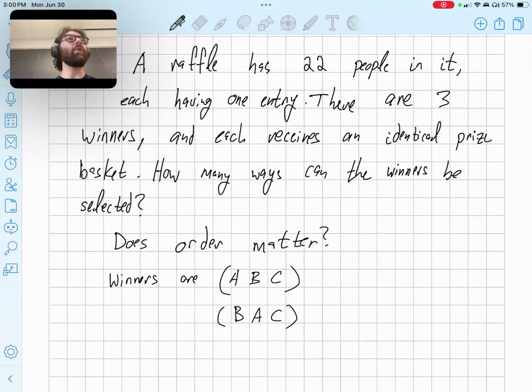Now, if there was a first place winner, a second place winner, and a third place winner, now if you swap 2 of them, there's different prizes, right? Or even if it's not necessarily first, second, and third, maybe it's just 3 different prize baskets, then the order matters. But here, it's just 3 of the same prize basket.